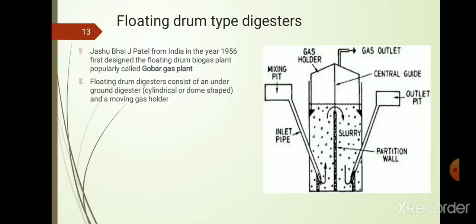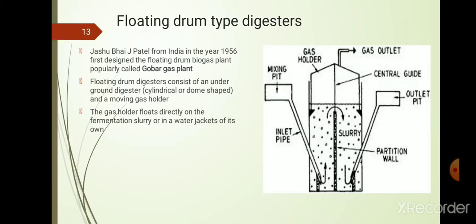The floating digester consists of an underground digester, which will be cylindrical or dome shaped, and a moving gas holder. That is the main difference. Here the gas holder is a moving or floating one. The gas holder floats directly on the fermentation slurry or on water jackets of its own.